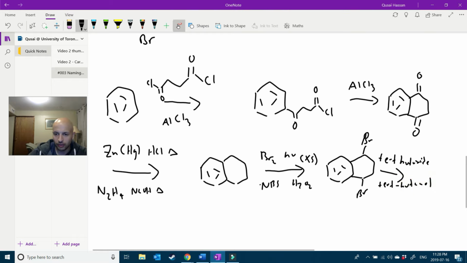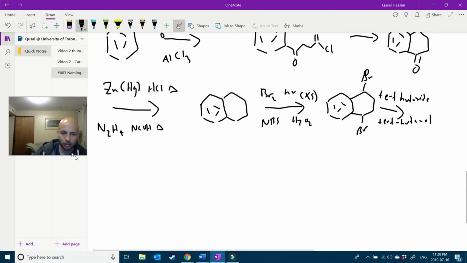And I believe it will go through an E1 elimination reaction because it forms very stable carbocations. Once you remove the bromine, you could imagine the carbocations that are formed on this carbon and this carbon are very stable because they can resonate with the benzene, right? And the hydrogens on these adjacent carbons will be eliminated through that E1 mechanism, right?